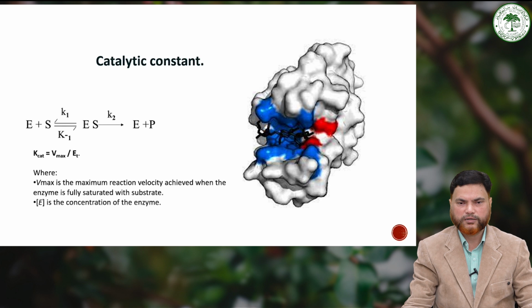where Vmax is the maximum reaction velocity achieved when the enzyme is fully saturated with substrate, and E is the concentration of enzyme. So this catalytic constant provides important insights into enzyme kinetics and the catalytic efficiency of enzymes. What does it indicate?